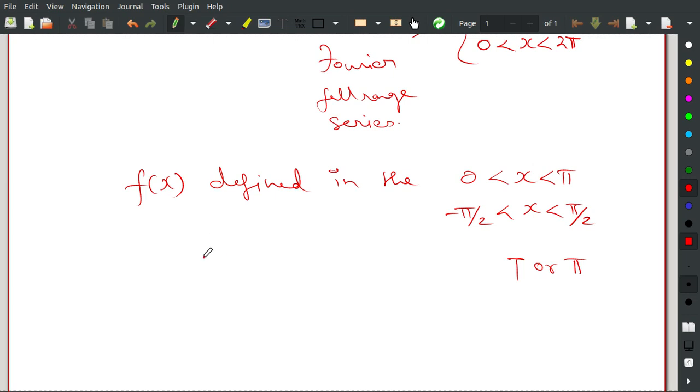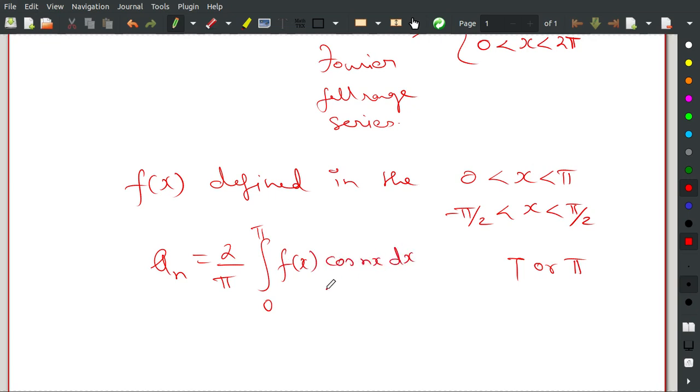So the Fourier cosine series is given by the same formula but with slight differences. Instead of 1 by pi we have 2 by pi here, and the limit is from 0 to pi. In the previous full range series we had 0 to 2 pi, but here we have 0 to pi, and f of x cos nx dx.